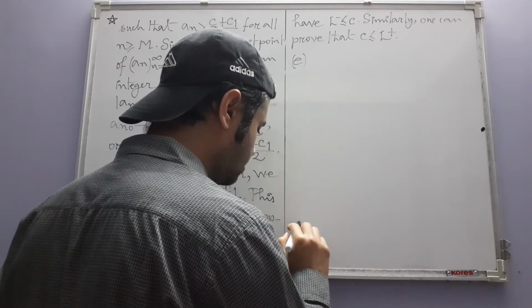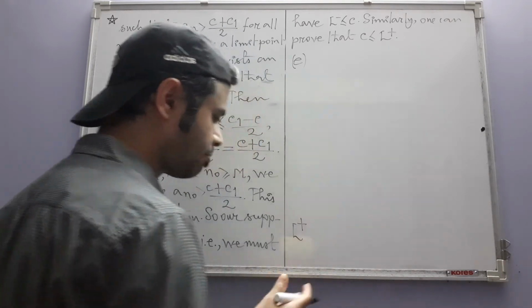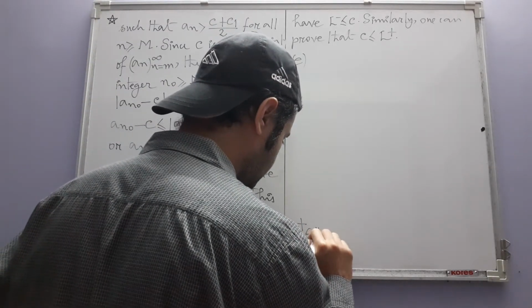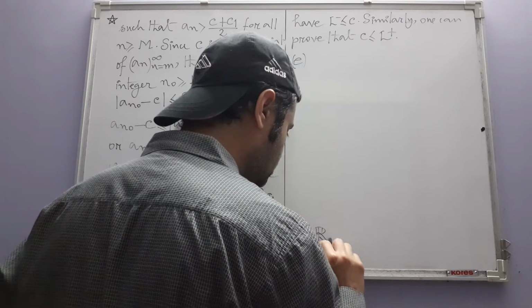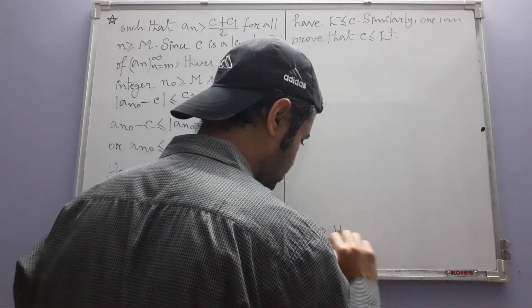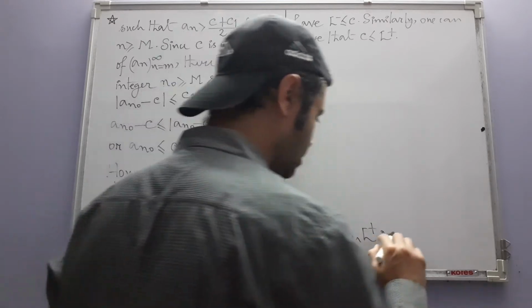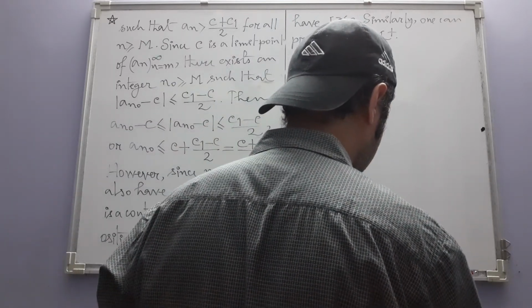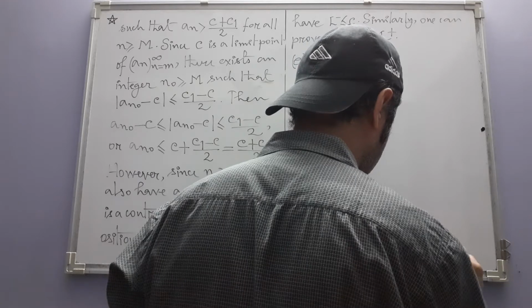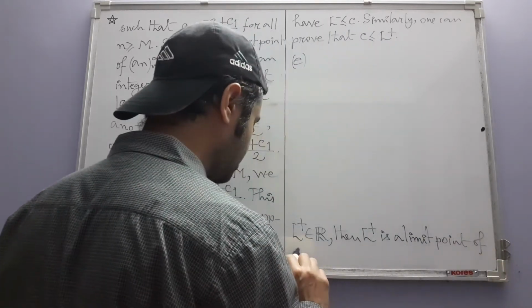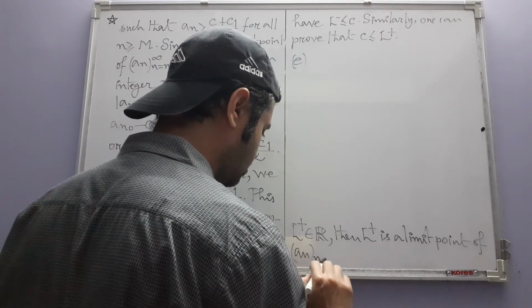If our upper limit, the limit superior, is a real number, then this is a limit point of our sequence.